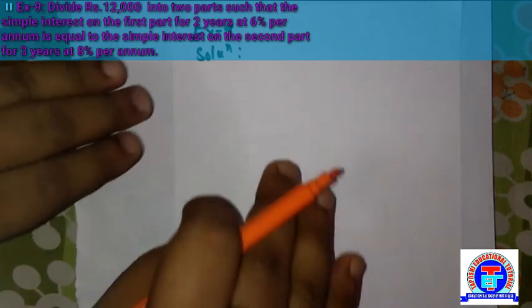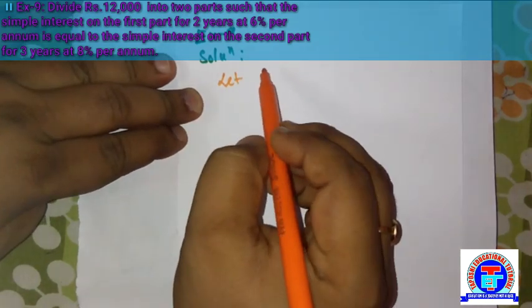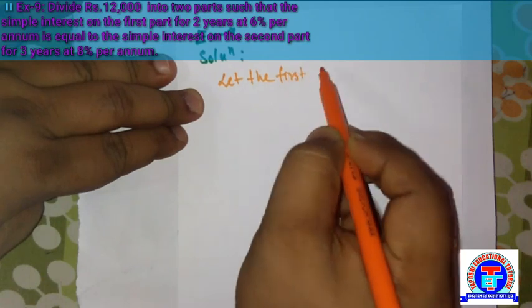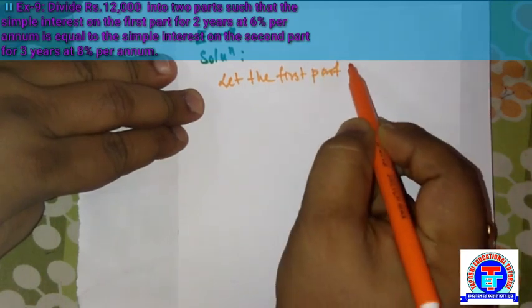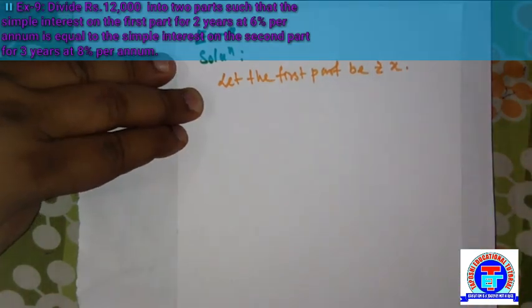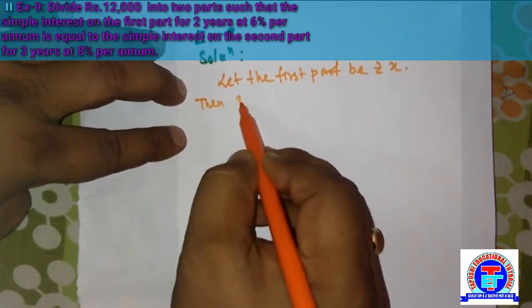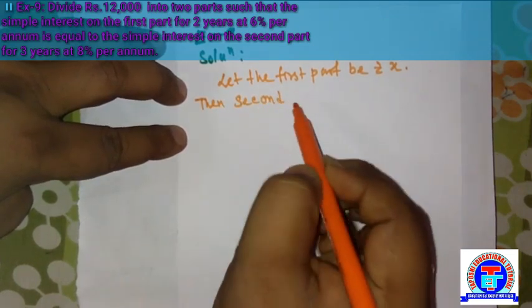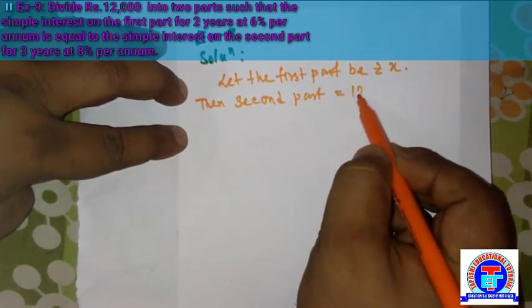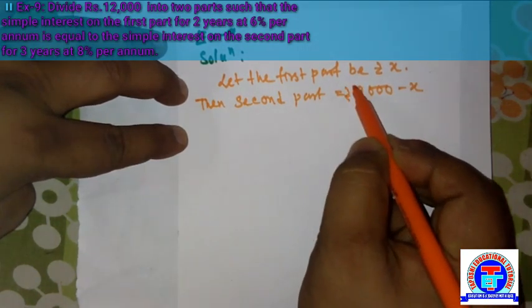First of all, let the first part be rupees x, right? Then the second part will be rupees 12,000 minus x, right?